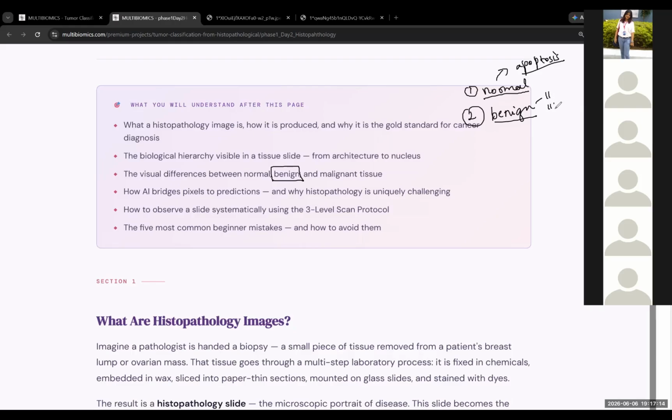Stage 2, stage 3, stage 1, at that time, if it is not leaving its own place, and if it is not traveling or spreading throughout your body, it is known as benign stage. At that time, you can say it is a tumor. It is an uncontrolled growth of cell. Sometimes it is not harmful. You can just cut that portion out. Okay.